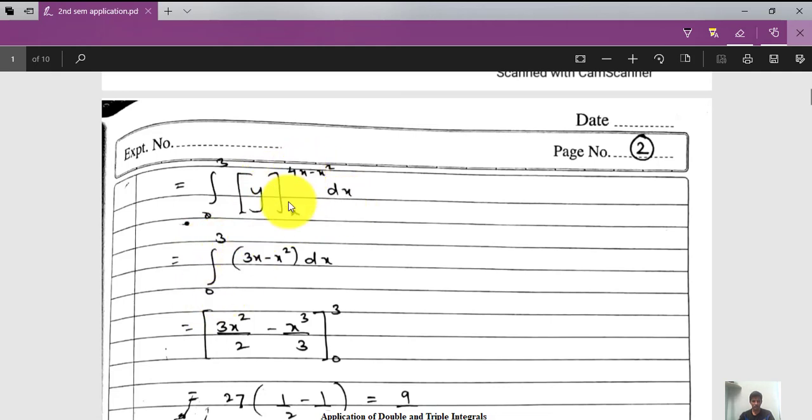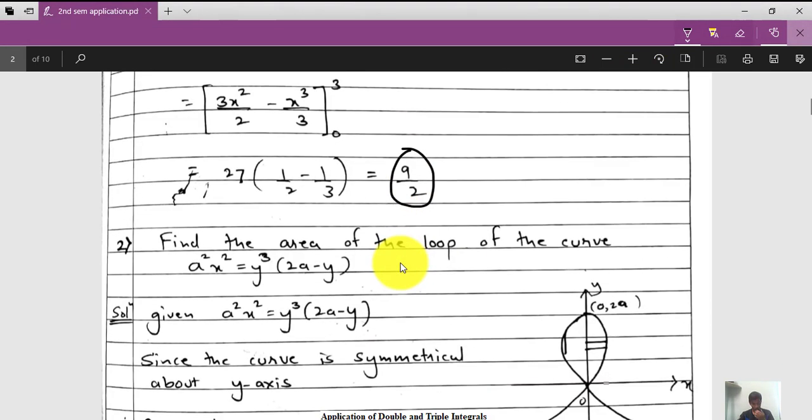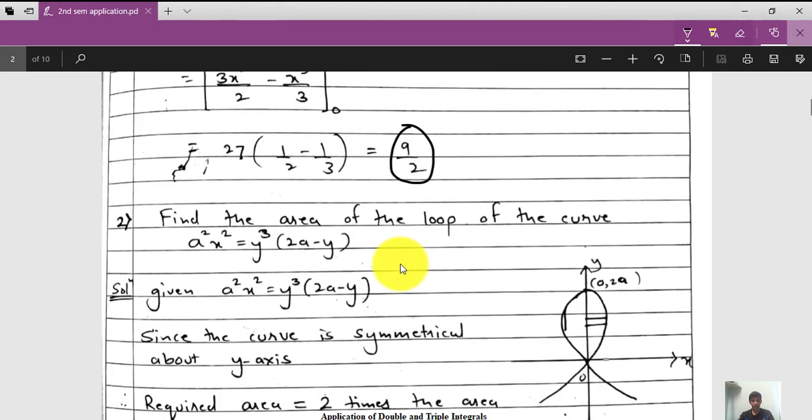If I substitute, it turns out to be 4x minus x square minus x, right? So it turns out to be 3x minus x square dx. Now after integrating this over the limit 0 to 3, finally you get the answer as 9 by 2. Fine. Okay, let us move on to the next problem.